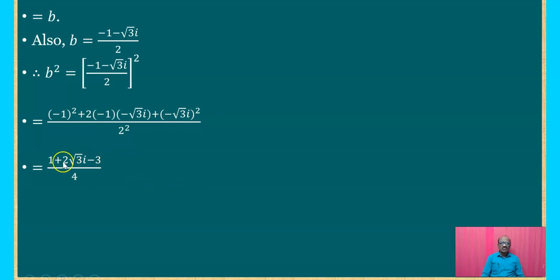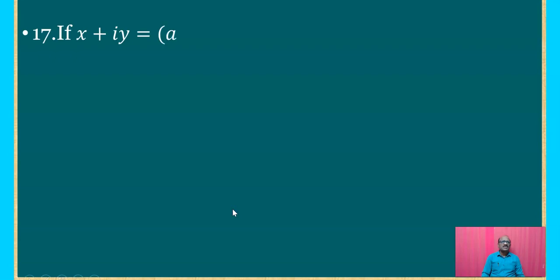Minus 3. 1 minus 3, which is minus 2. Okay, minus 2 plus root 3 i upon 4. Take the 2 as common: (minus 1 plus root 3 i) upon 2. Simplify it and you will get this is nothing but a. Therefore b square is equal to a.